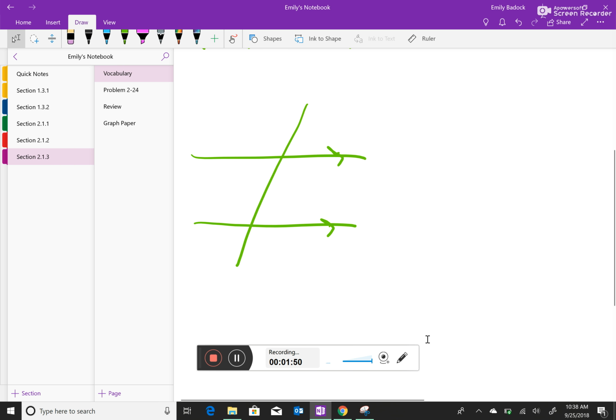Alrighty, so that's kind of what we covered in the first section. Then yesterday during class, so Tuesday's class, we learned all about a transversal, which is this guy, and how a transversal is a line that intersects two parallel lines. So we talked about corresponding angles. So this guy and this guy are corresponding angles.